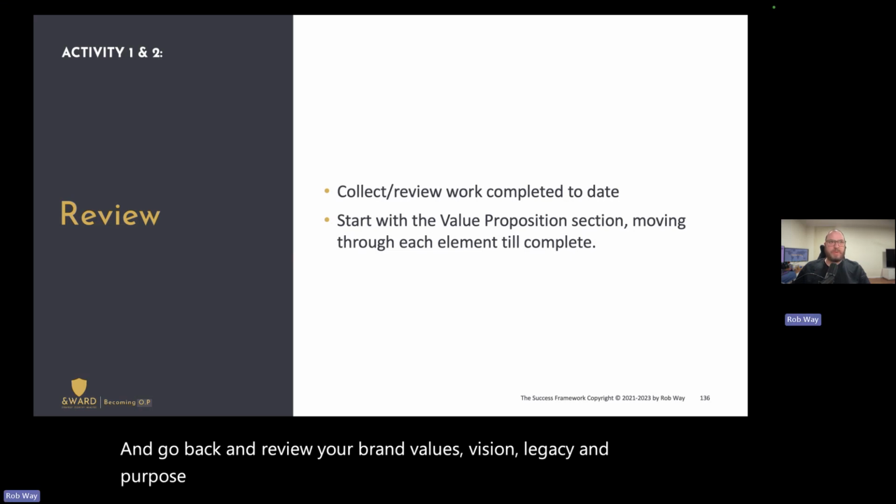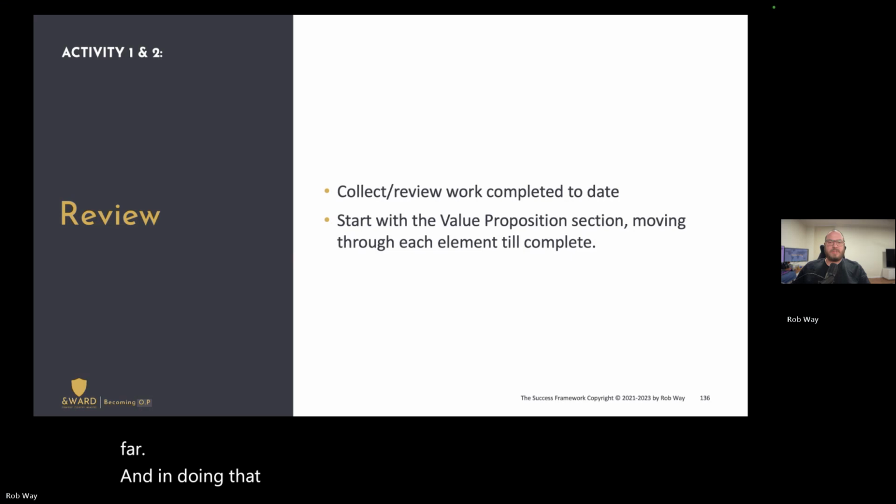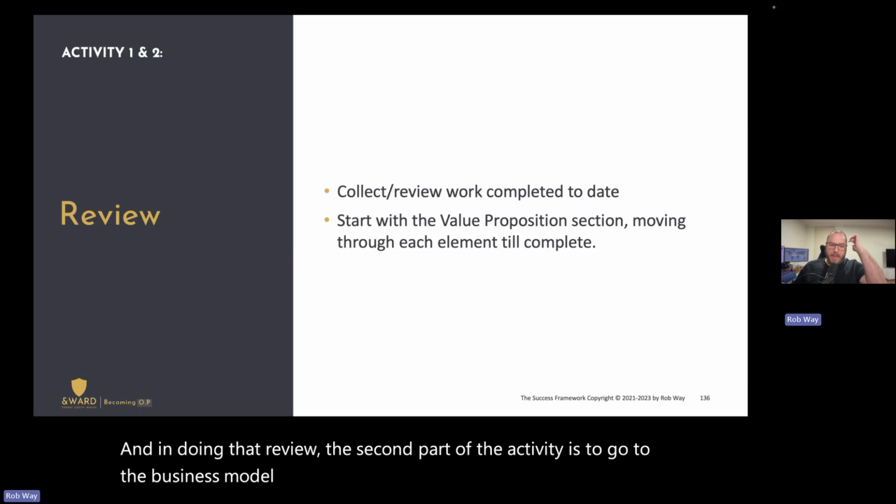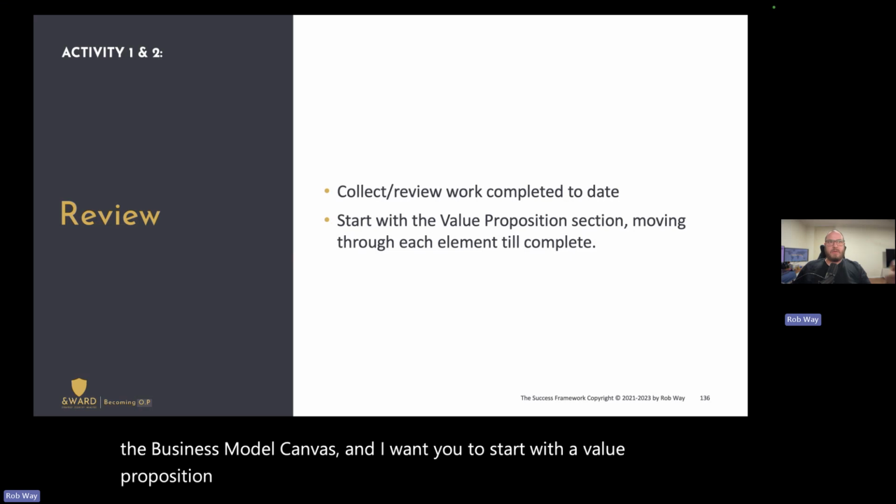Complete a review of everything that we've completed so far. And in doing that review, the second part of the activity is to go to the business model canvas, and I want you to start with the value proposition. Think about what is the value you're creating for your customer.